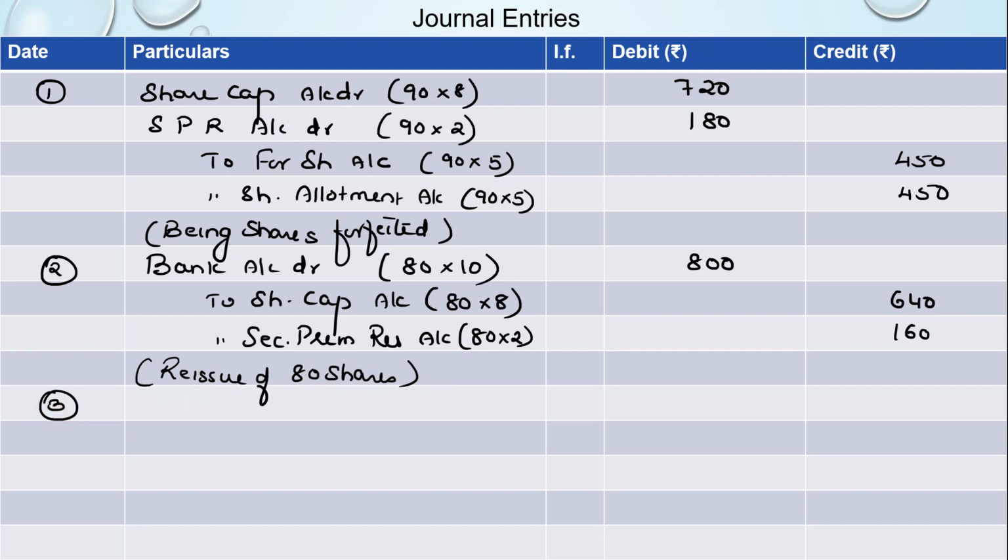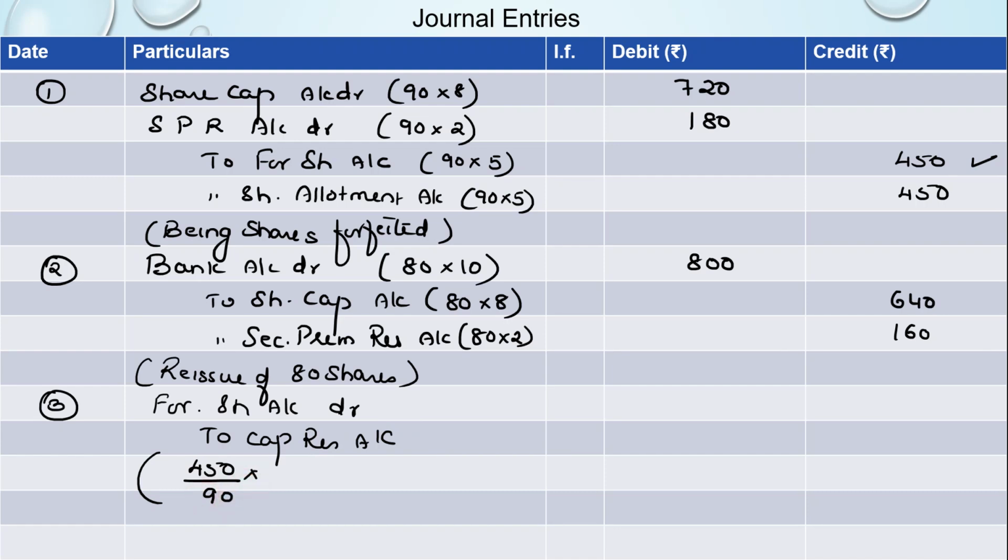And the last entry would be forfeited share account debit to capital reserve account. So the formula we'll use here. What was the amount which was credited to forfeited share account? Totally in the forfeiture entry 450. But for how many shares? 90 shares.